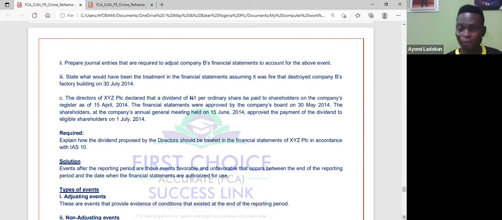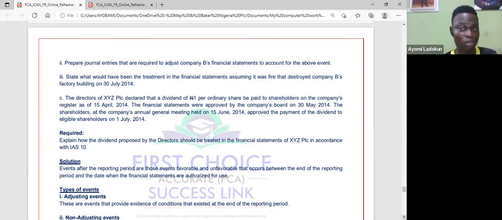So what does that mean? It only requires disclosure in the account, and that means you are going to disclose the nature of the event, which is fire, and an estimate of the financial effect, if it is determinable. Okay, so that's what you are doing there.